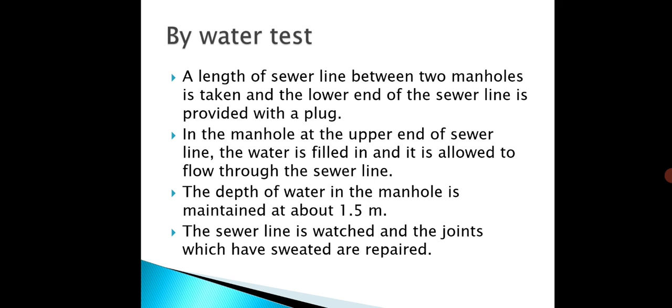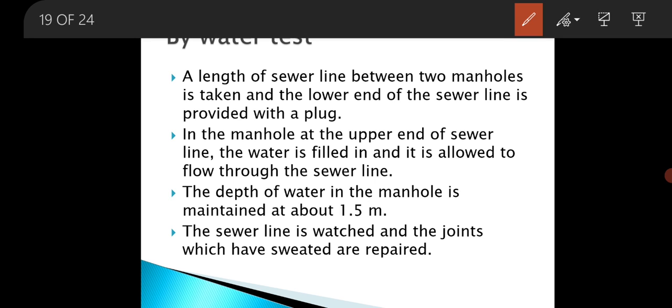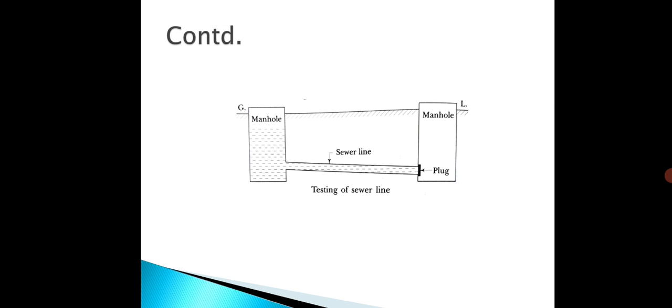The testing of leakage by water test is done by taking a length of sewer line between two manholes, and the lower end of the sewer line is provided with a plug like this.